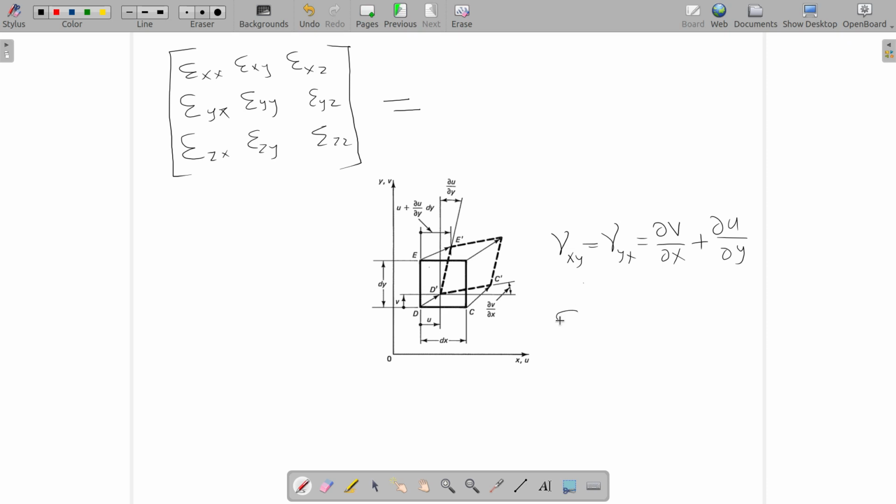So here epsilon xy will be equal to epsilon yx, which will be equal to half of dou u x plus dou u y.